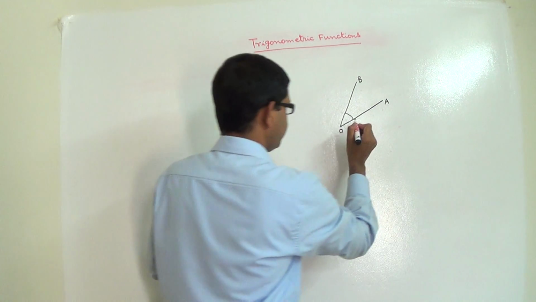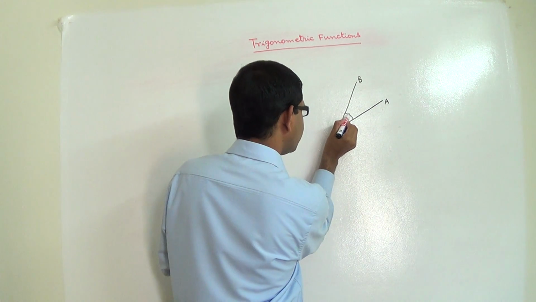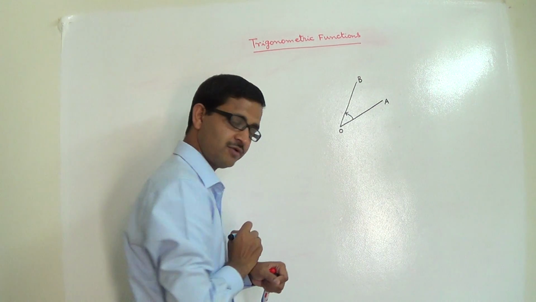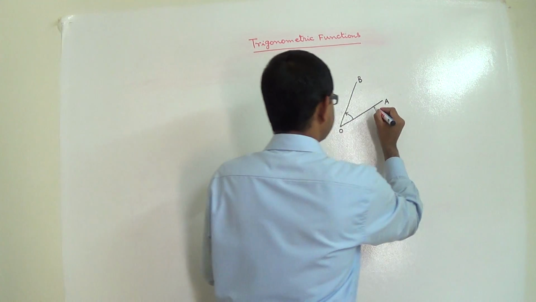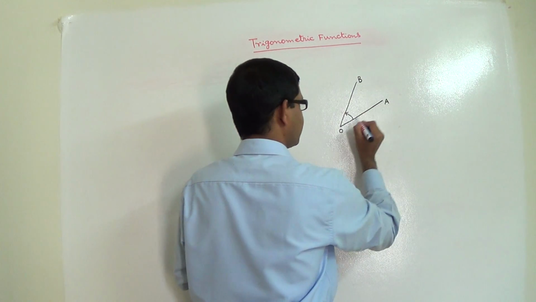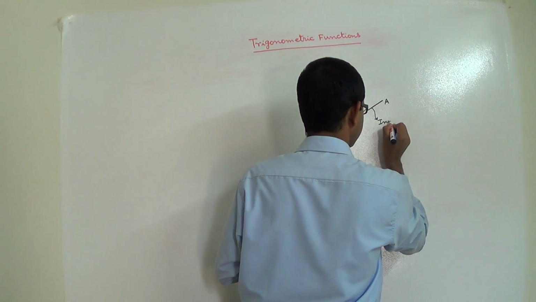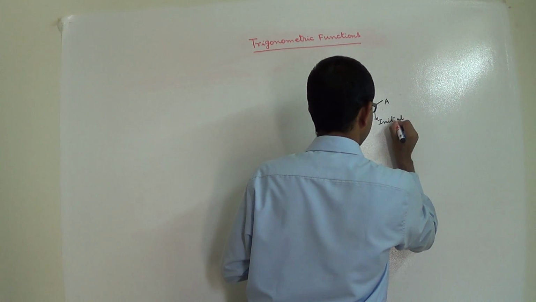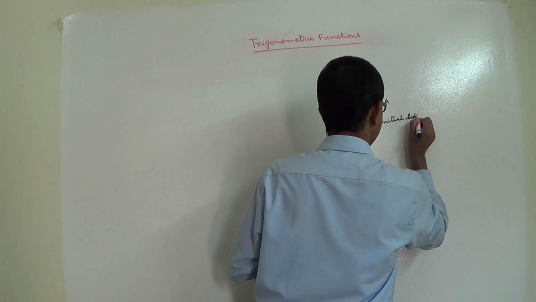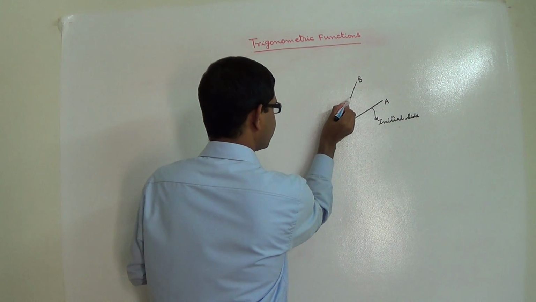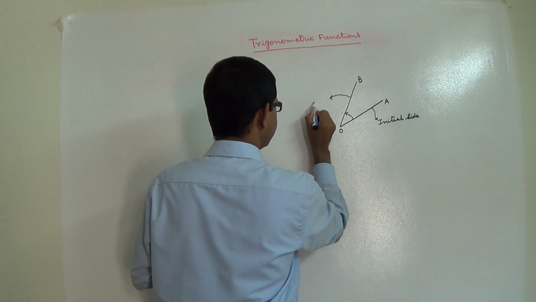In this direction the angle has been formed. So this side, OA, is called the initial side. And this side is called the terminal side.